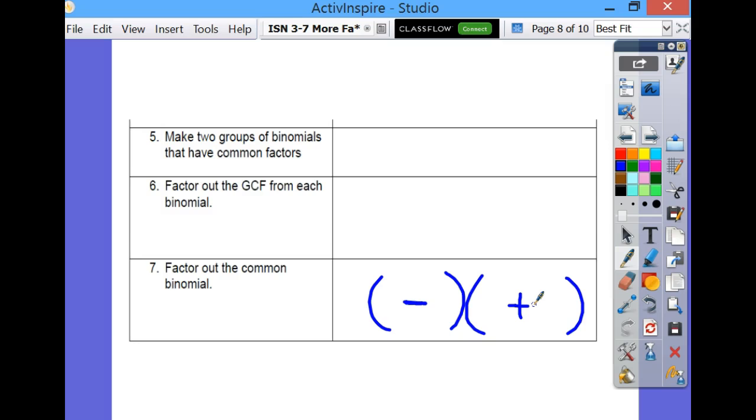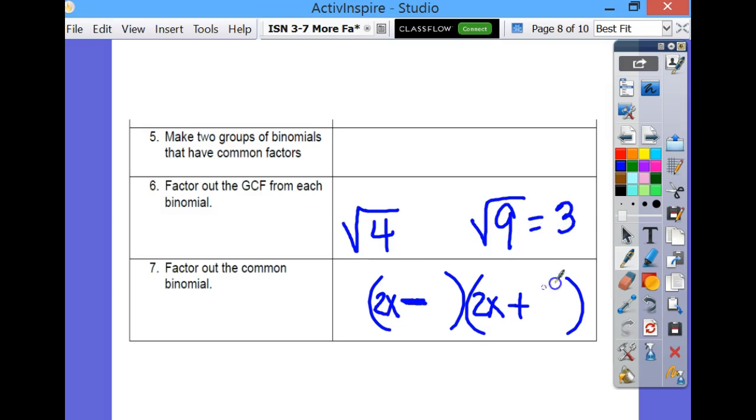What was the A? What's the square root of 4? And it had an x, so that's going to be 2x and 2x. What was the C? It was actually negative 9, but I've already taken care of the negative by putting that sign right there. What is the square root of 9?